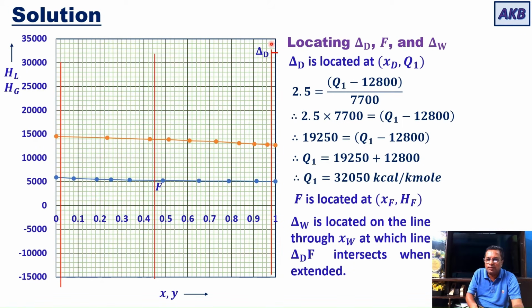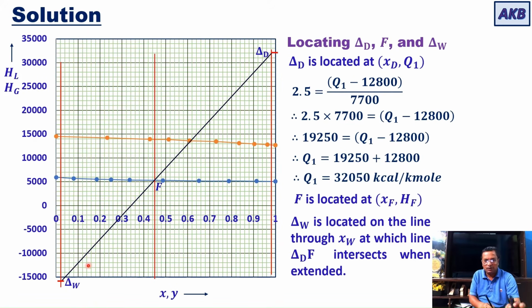Now we are going to draw a line starting from delta D, passing through F, and extend it so that it intersects this line, and the point of intersection is nothing but delta W. So I have drawn the line delta D F, and extended it so that it intersects this vertical line. This point is delta W.